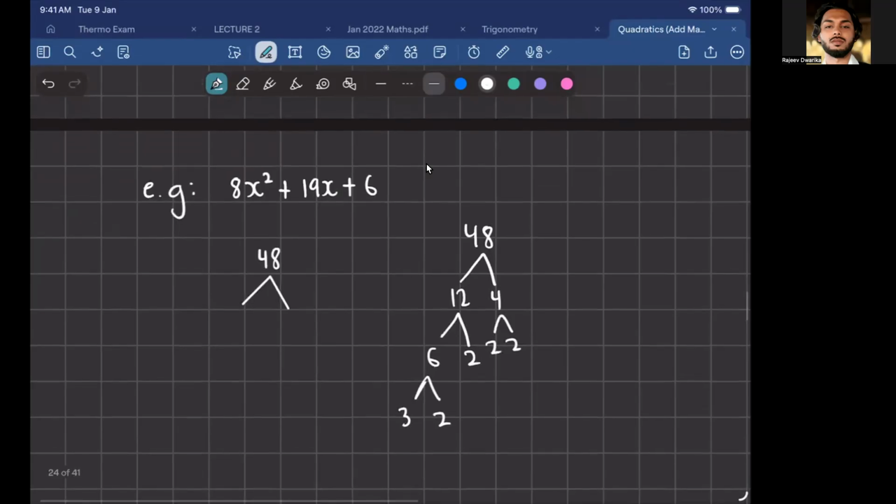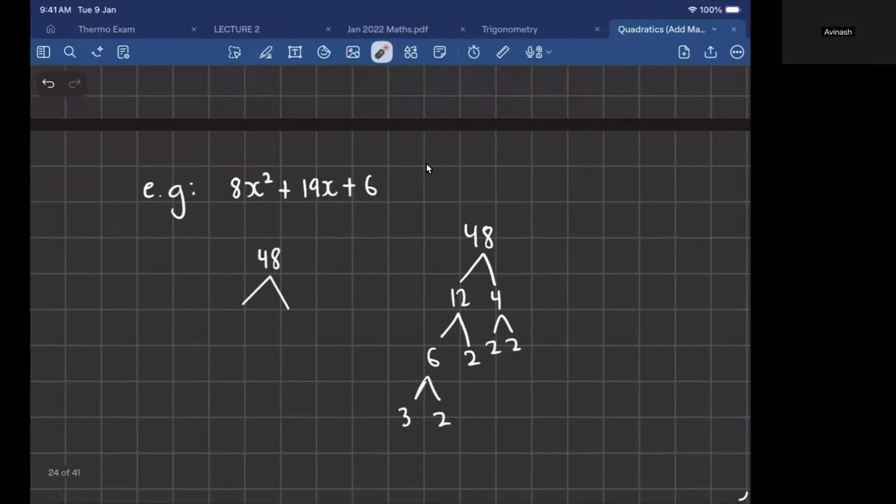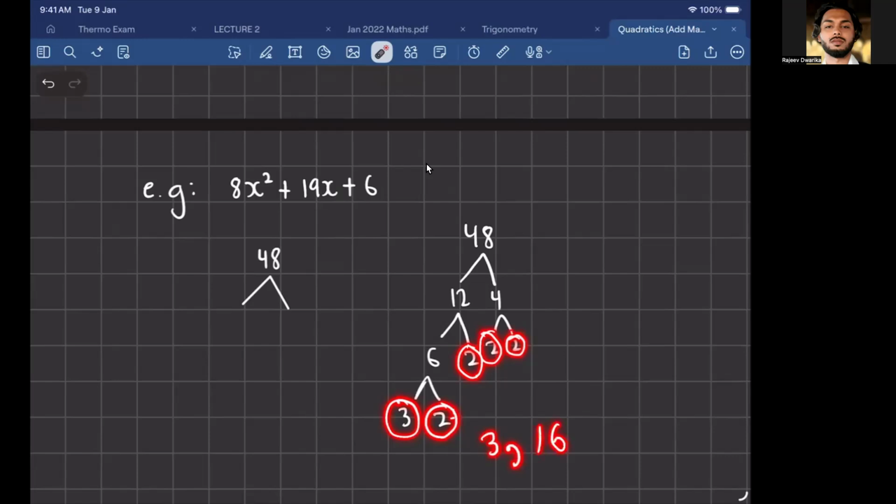If you select 3, then I can write that as 3 by 2 by 2 by 2. 2 by 2 is 4, 4 by 2 is 8, 8 by 2 is 16. So 3 and 16. Would that work? Yeah, that would work.